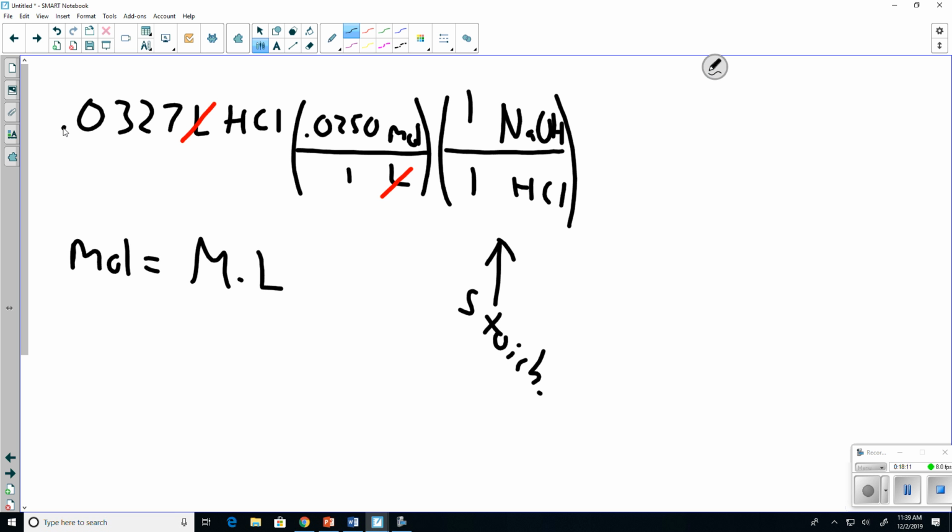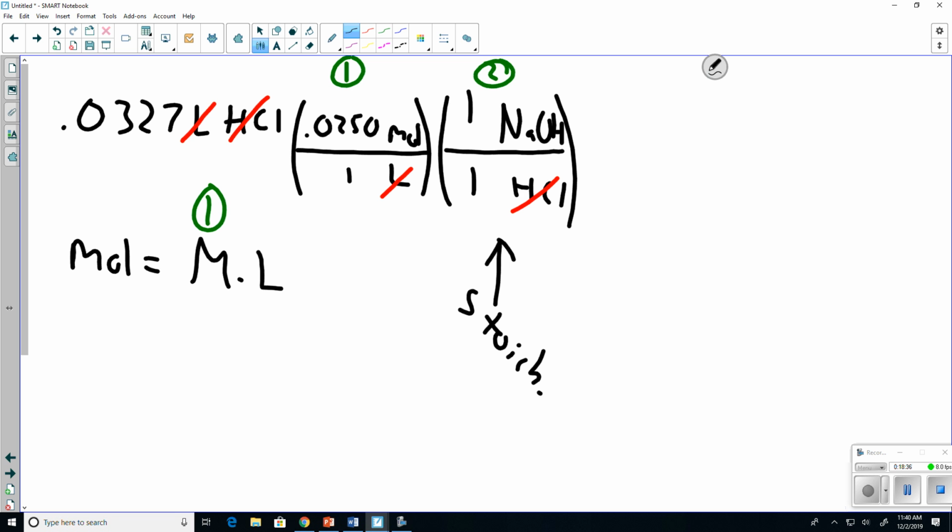And if you're someone who wants to do molarity times liters equals moles as your step number 1, so again, here's my step number 1, here's my step number 1. Everyone has to do the same step number 2 of use the balanced equation coefficients. By doing that, HCl cancels out top and bottom. Now I'm in moles of NaOH.